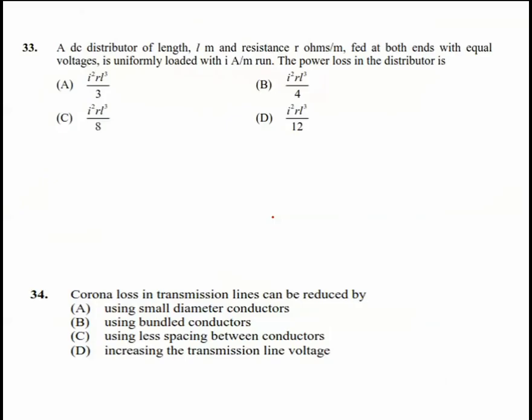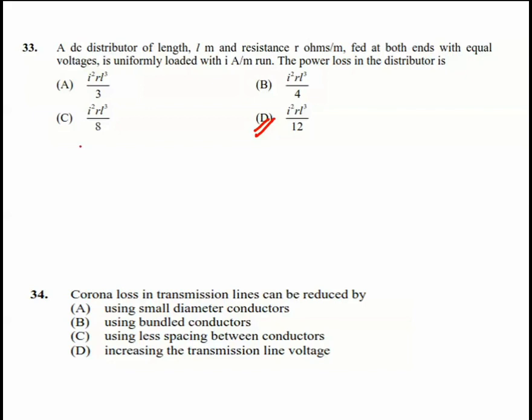Okay, and next question. A DC distributor of length L meters and resistance R ohm per meter, fed at both ends with equal voltages and uniformly loaded with I amps per meter. Then the power loss in the distributor is I square R L cube divided by 12 here. So this is the option.